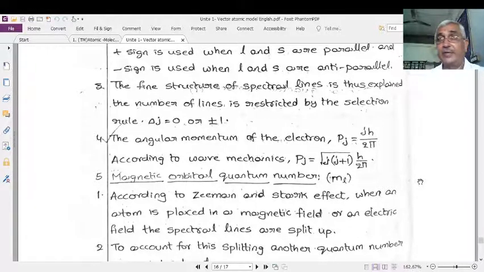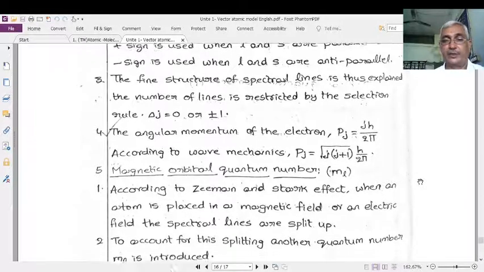That is nothing but the influence of magnetic field and electric field on a spectrum. In order to explain the influence of the electric and magnetic field on the spectrum, we need three more quantum numbers. That is the need for the proposal of these three quantum numbers.